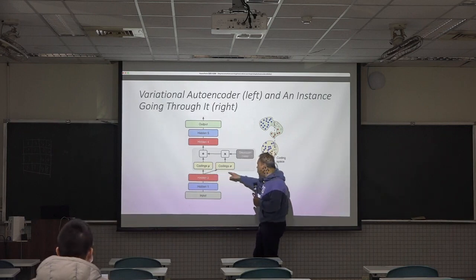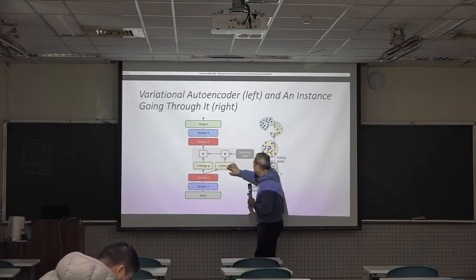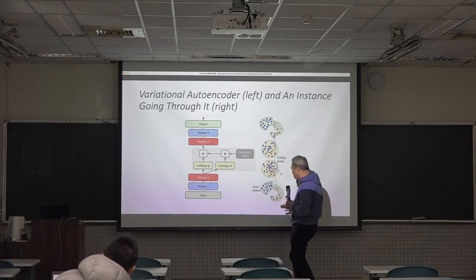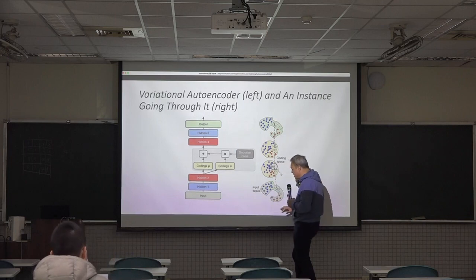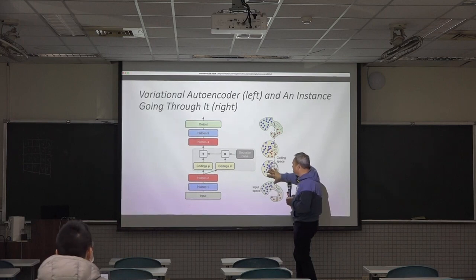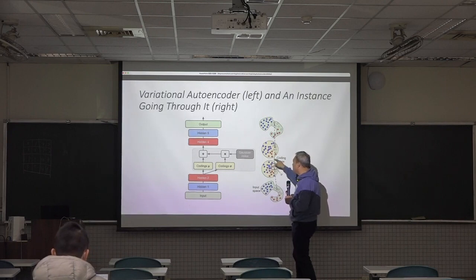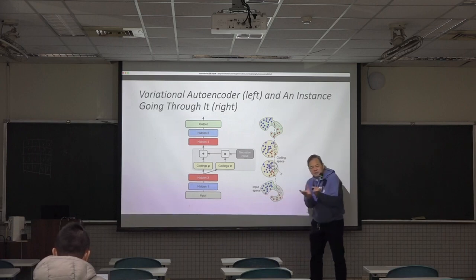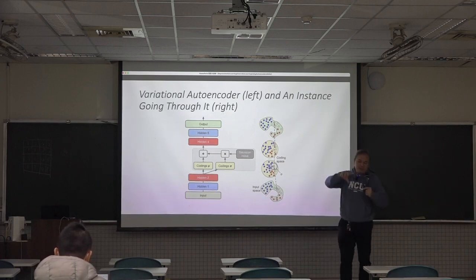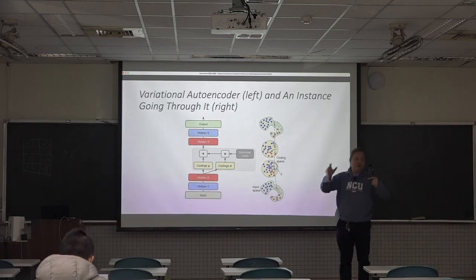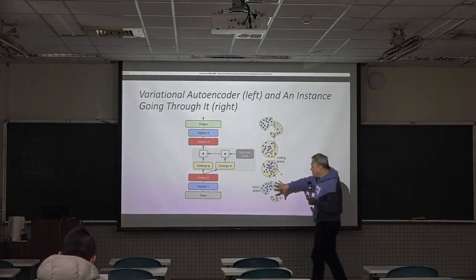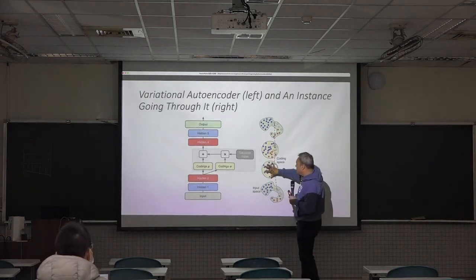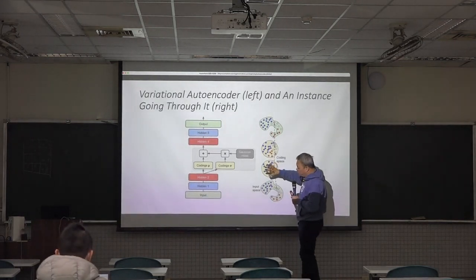This mu and sigma will be used as follows. Assume this is the input space, and then this input space will be converted into a coding space like this. Even if the input space may look very different, with a special shape or very biased, eventually it will be converted into a Gaussian distribution.